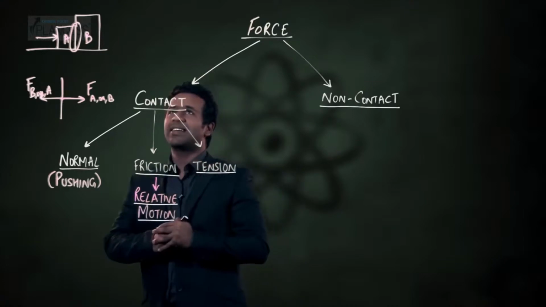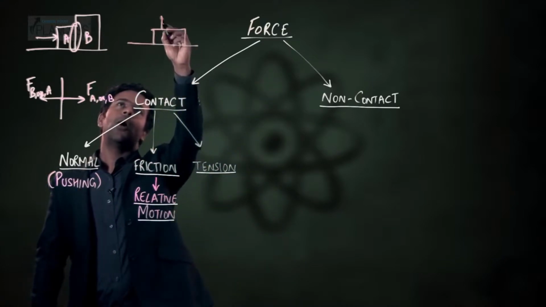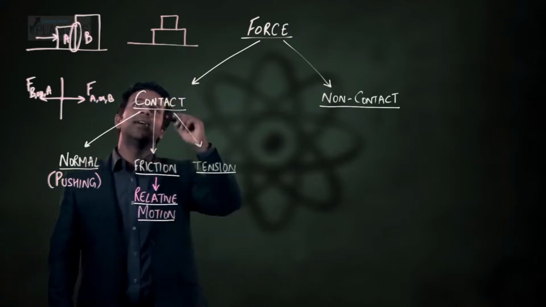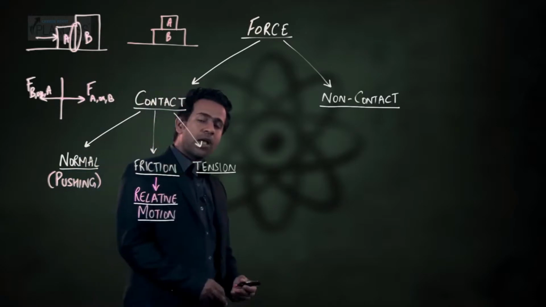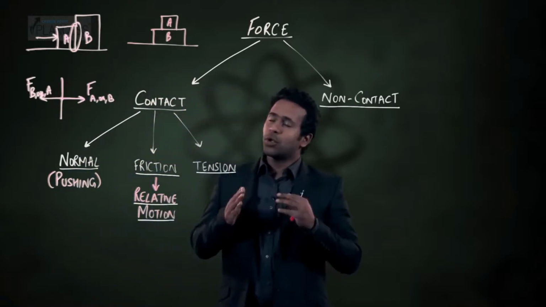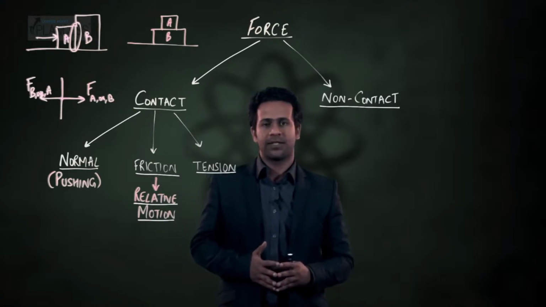So let's take a simple example. Say you put a block on top of another block. Let's call this block A and this be block B. So as long as both of the blocks are stationary, there will be no force of friction.